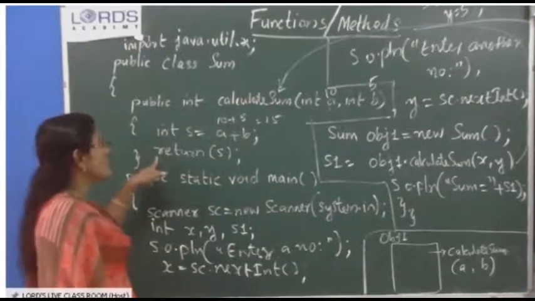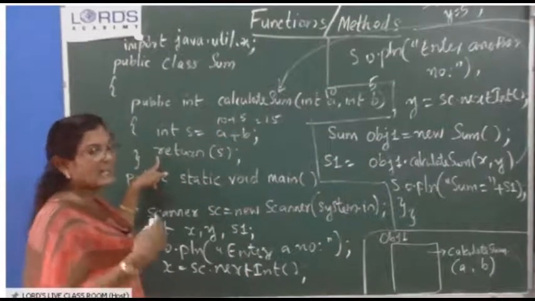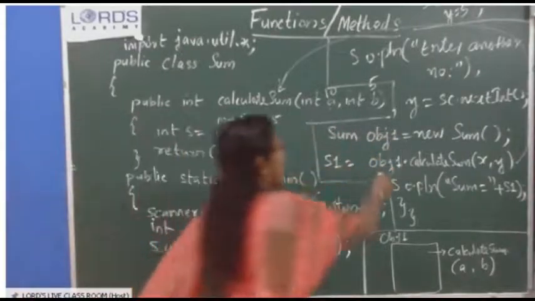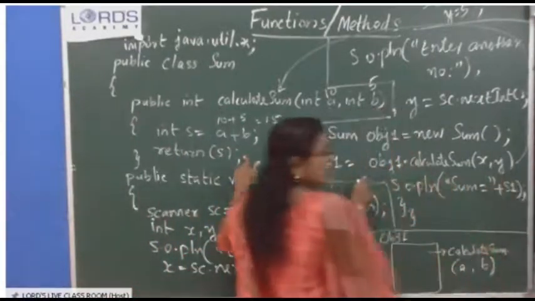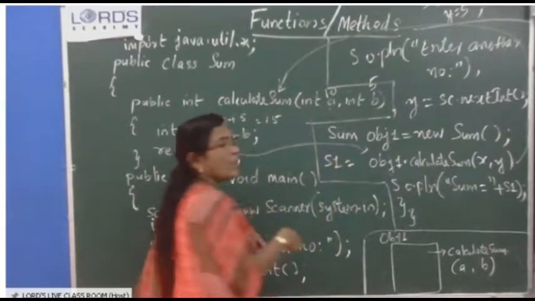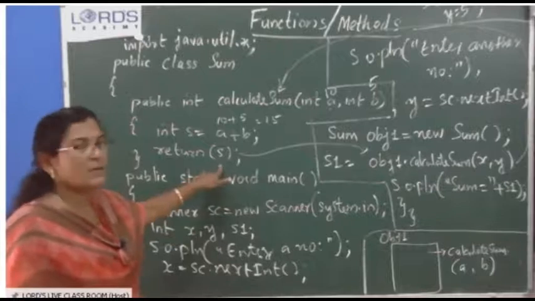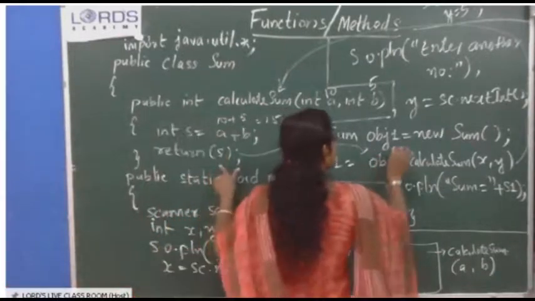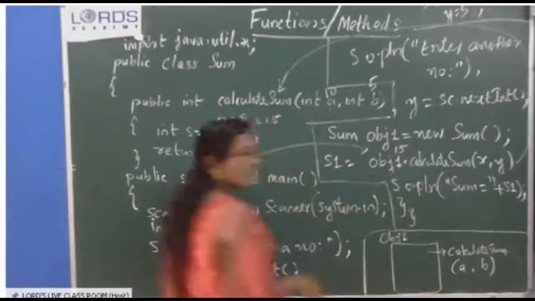So once all these statements are executed, when the return command is seen, control will jump back to the part of the program from where it was called. It will come back to this place along with the value of s. What is the value of s? 15. To this place, the value 15 will be returned.